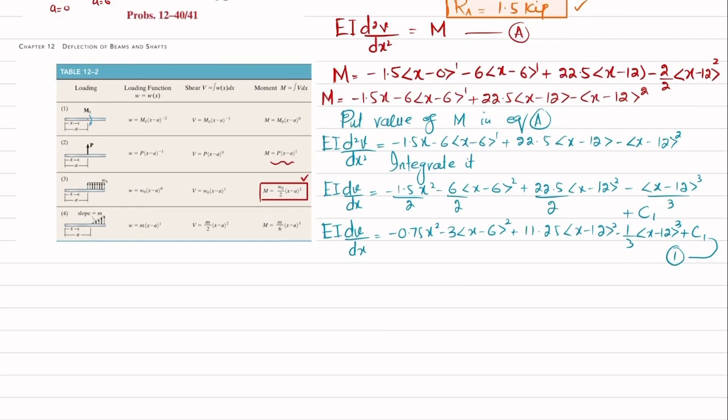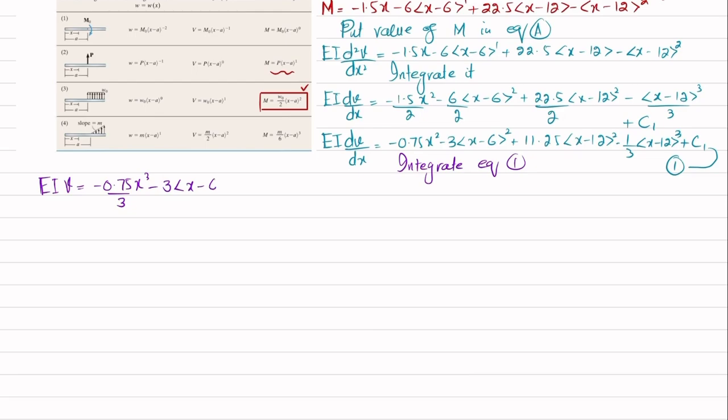Again integrate this equation number 1. You will get EI into V equal to minus 0.75 x cube divided by 3 minus 3 into x minus 6 whole cube divided by 3 plus 11.25 into x minus 12 power 3 divided by 3 minus 1 over 3 into x minus 12 power 4 divided by 4.